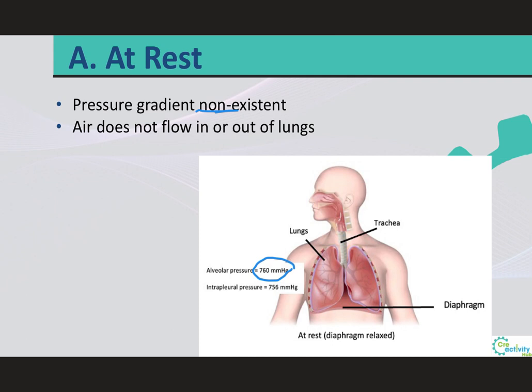So it does not go into the lungs or it does not go out of the lungs. It stays stationary. I want you to also notice how the diaphragm, which is the muscle that separates the thoracic cavity from the abdominal cavity, is relaxed during the rest phase.